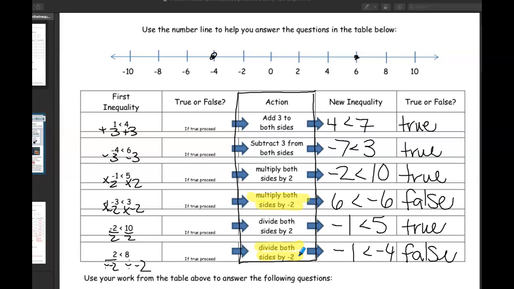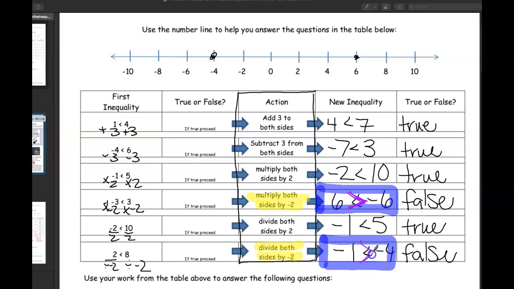Without changing the action, so without changing what we did in this middle column, what could I do to these two inequalities to make them true? Flip the sign. Flip the inequality, okay? So it would be 6 is greater than negative 6. Does that make it true? Yes.